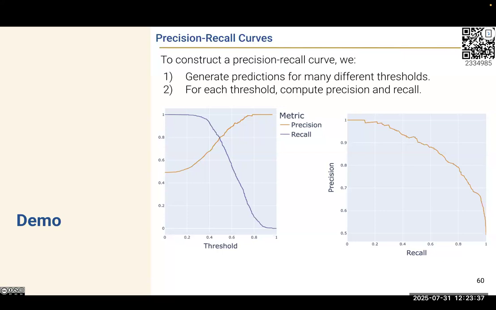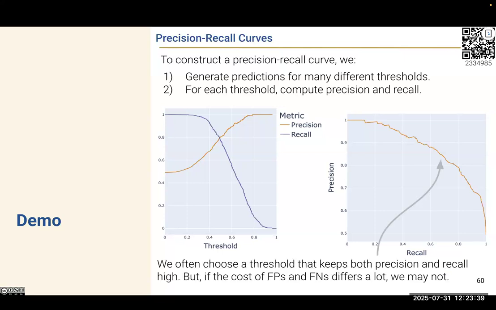Then we find a place where both precision and recall are relatively high. But again, this depends on whether the false positive and the false negative have similar costs.